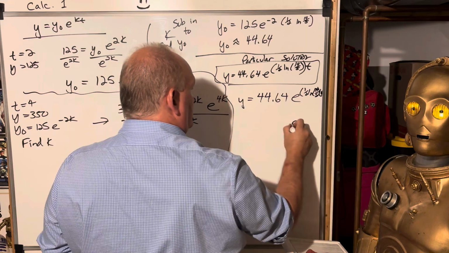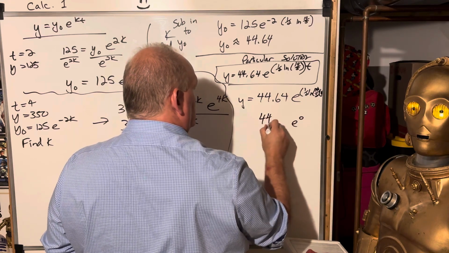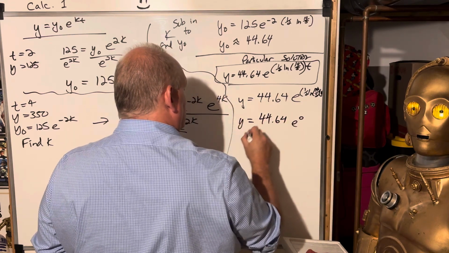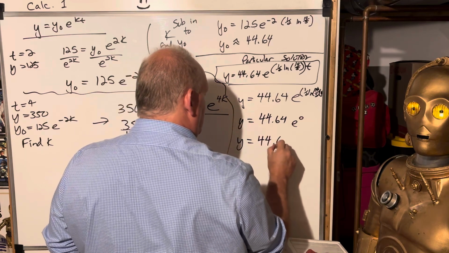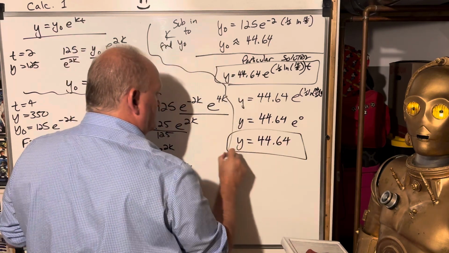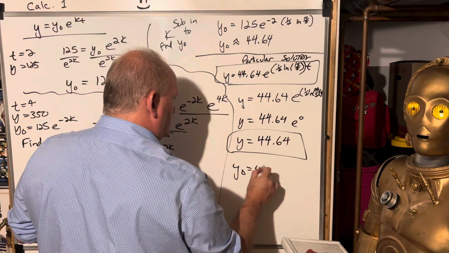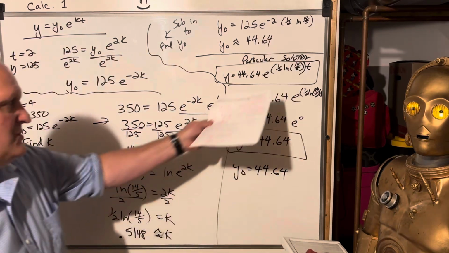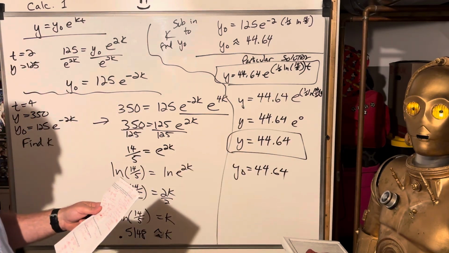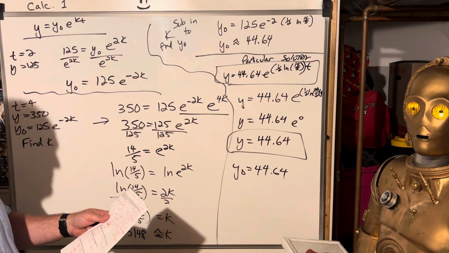So that's e to the 0, which is 1. So at time 0, y is 44.64, which is also known as our initial condition, which is what we calculated up there. So that was really not necessary to answer the question. We answered it when we found y naught.